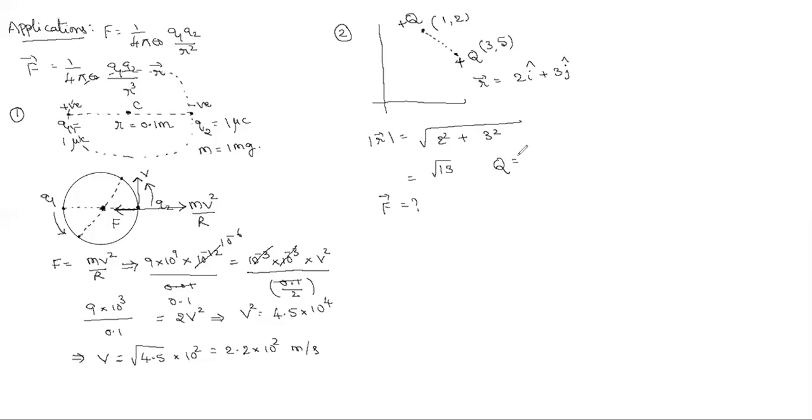Better, for calculation purpose, you take q equals to the cube root of root 30, root 13, means 13 power 1 by 4, microcoulomb. Calculation will be easy for you.